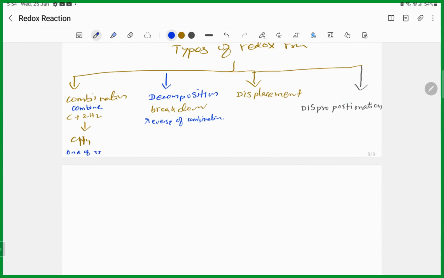For example, 2 KClO3 gives 2 KCl plus 3 O2. So one product should be in the elemental form.